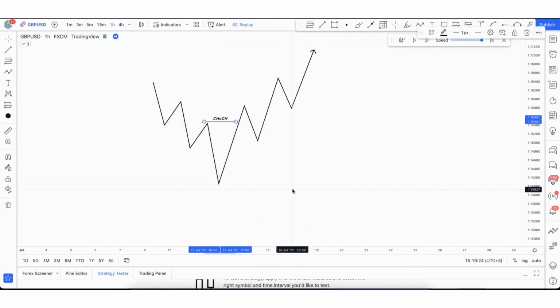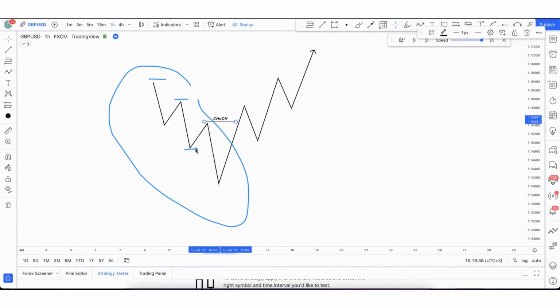It's a change of character because the price the market is making here is in a downtrend, like lower high, lower low, lower high, lower low. And then it shifted with this movement. So we usually say that there's a market shift. So we call it a change of character.